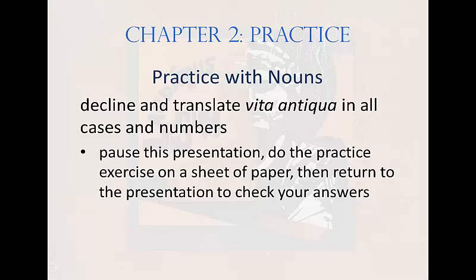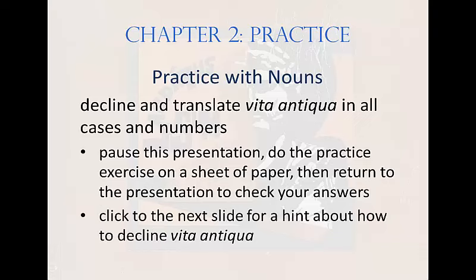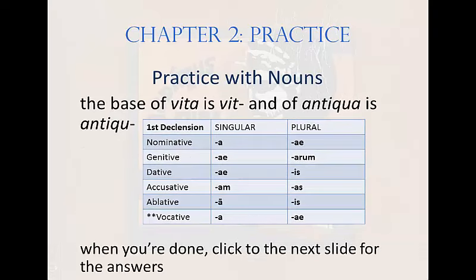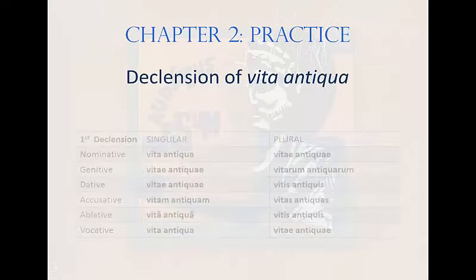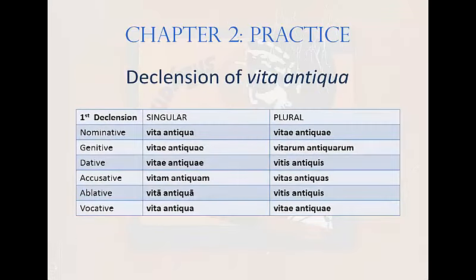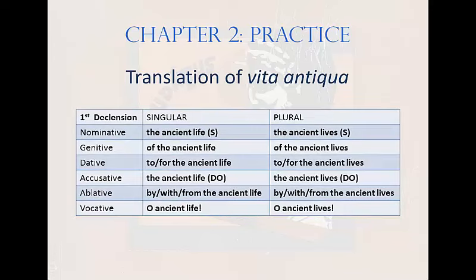If you need a hint or two, click to the next slide. So the base of vita is vit-, and the base of antiqua is antiqu-. Add to those bases the declensional endings we studied before to produce the full declension of vita antiqua. On the next slide is the translation.